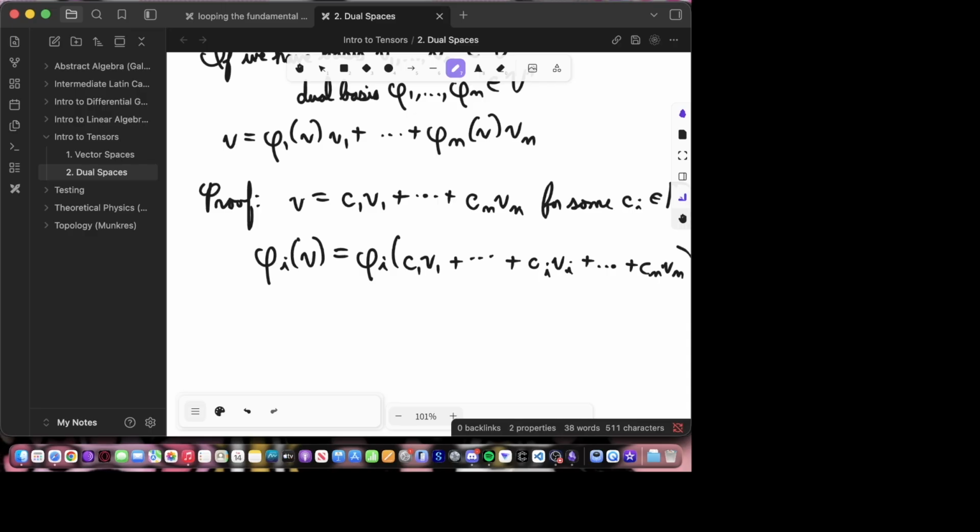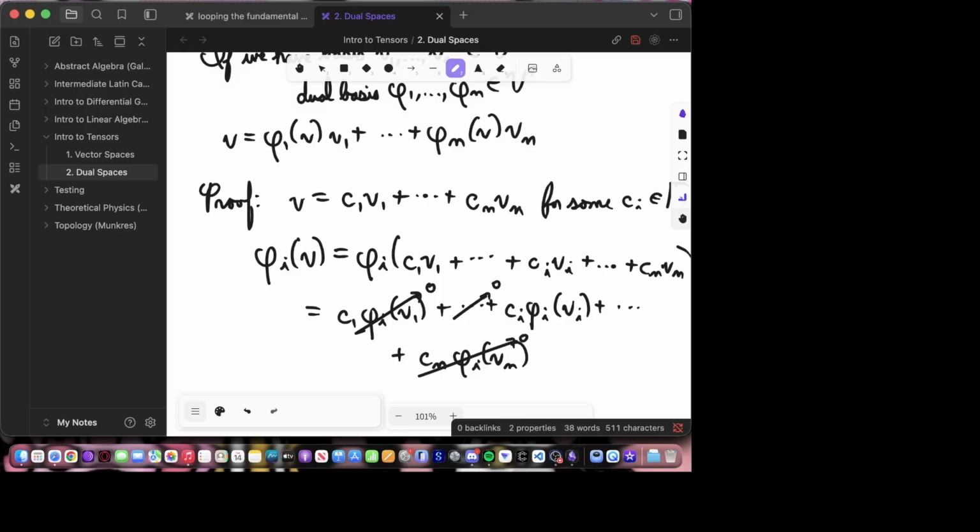And that is going to be equal to c1 times phi i of v1 plus dot dot dot plus ci times phi i of vi plus dot dot dot plus cn times phi i of vn. Now we know that this is going to be 0, this is going to be 0, the rest of them are going to be 0, this is going to be 1. So we end up with ci.